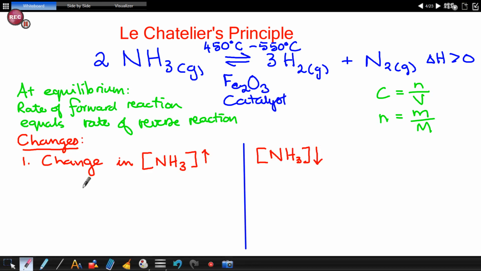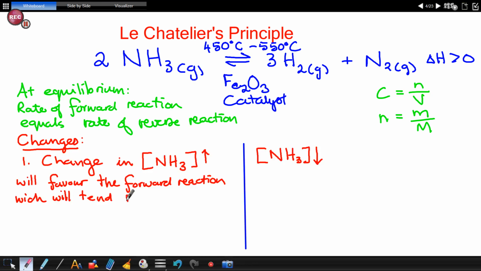Okay. So an increase in the concentration of ammonia will favor the forward reaction, which will make more nitrogen and hydrogen and tend to decrease the concentration of ammonia.